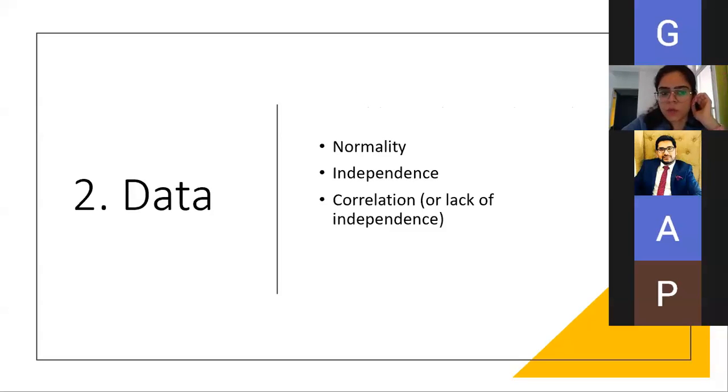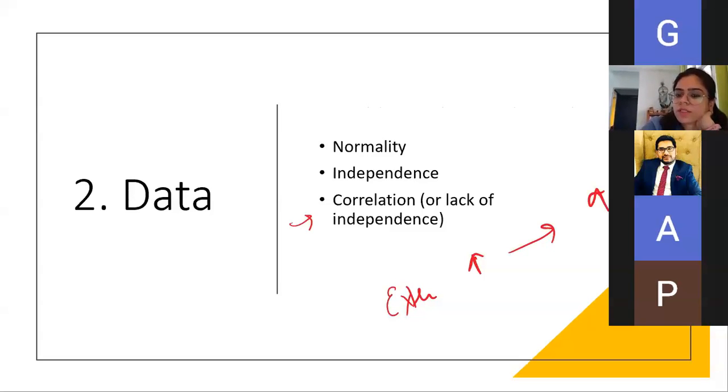What do you understand by normality? Correlation. What is correlation? The extent to which one variable is dependent on another variable. Okay, the extent to which one variable is related to another variable. And what is positive correlation? What is negative correlation?